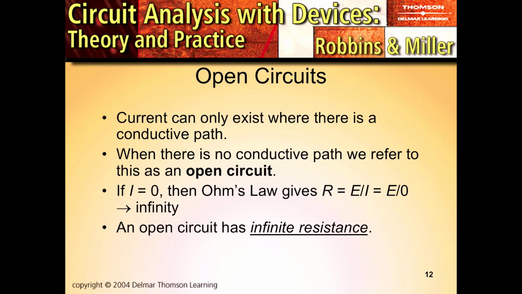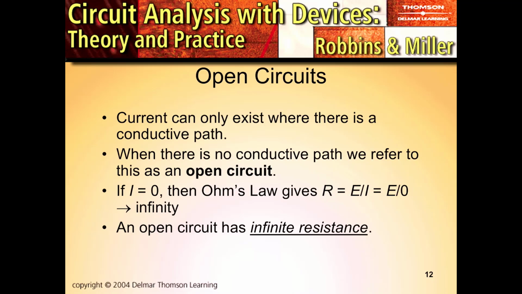Okay, so now we're talking about shorts and opens, and this is related to something we talked about when we looked at a switch. We used a switch to demonstrate a short and an open. When a switch is in its off state and prevents current flow and doesn't allow current to flow to the work producing load, we call the switch an open circuit, and that's why we say the switch is open or off.